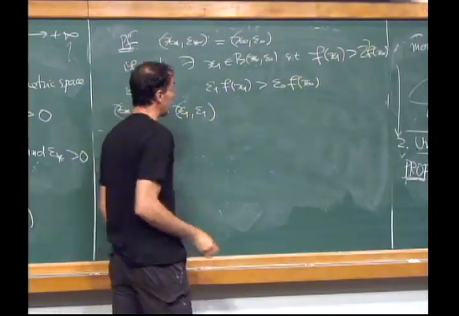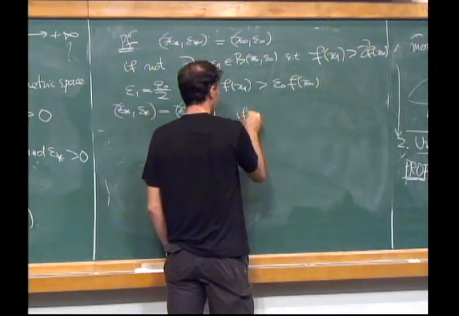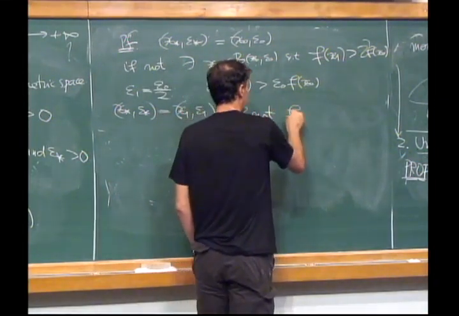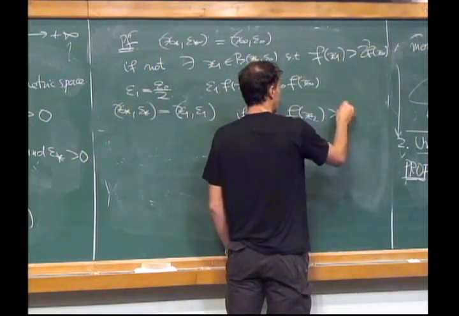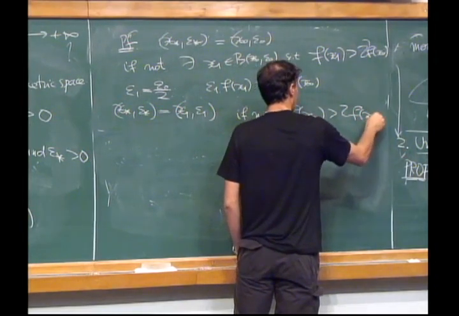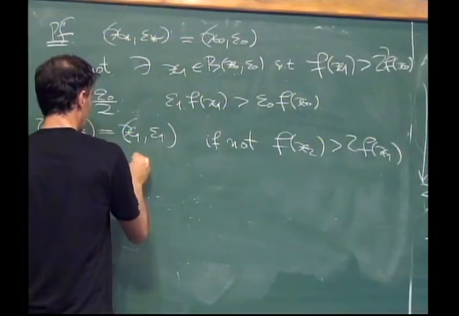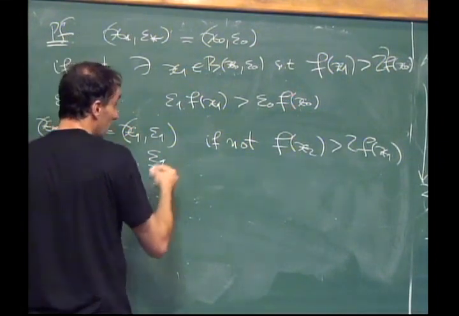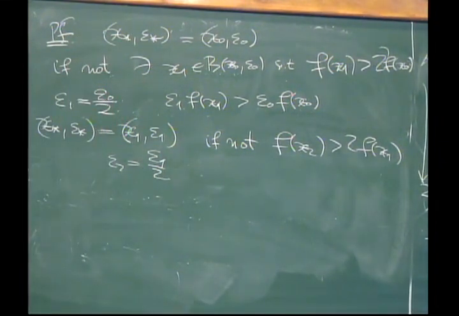And then again, if it doesn't work, if not, you have an x2 with f of x2 greater than 2 f of x1, and then you put epsilon 2 equal to epsilon 1 over 2, and so on.